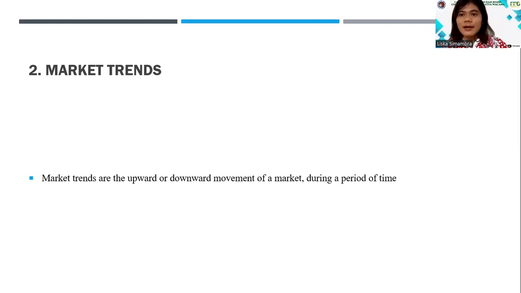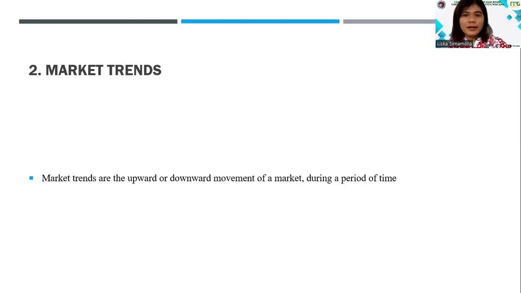We say that is upward. And then in the next month, the number of customers gets less and decreases, and that we call downward.